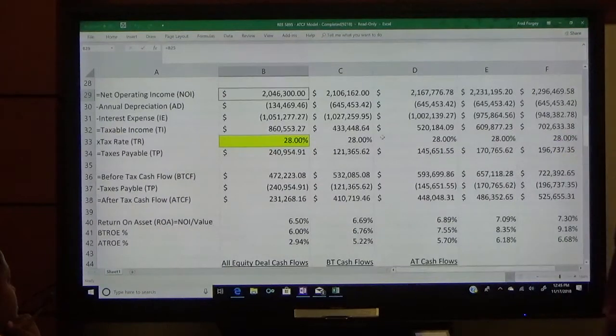So let's just say that we have a property and $8 million is the improvements value, and $2 million is the land value. So the total value of the property is $10 million.